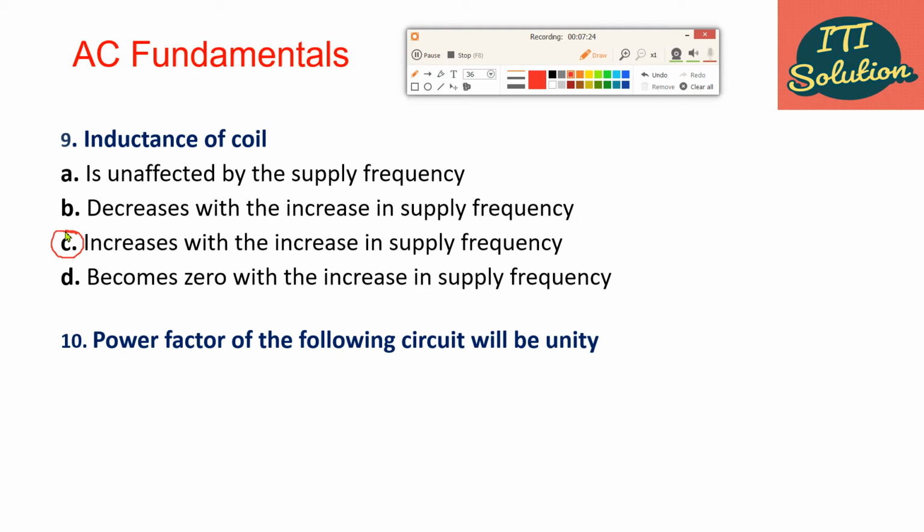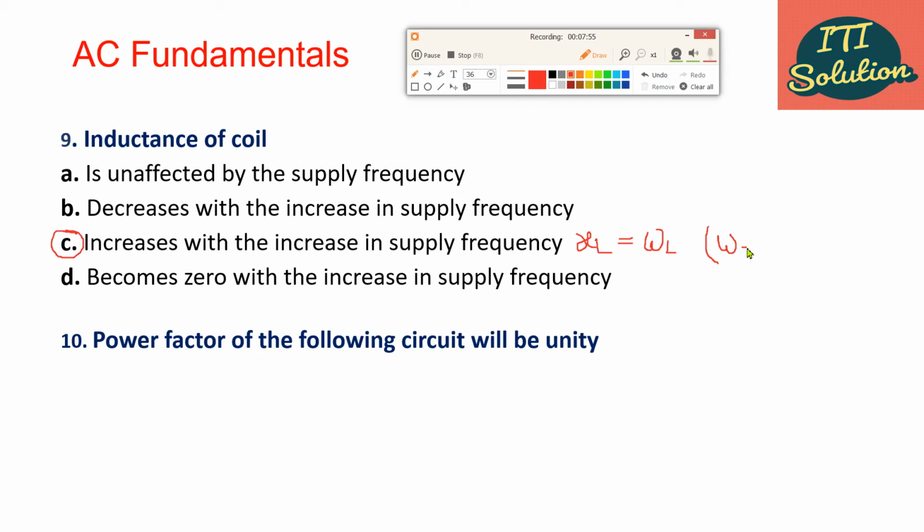Inductance of a coil here means inductive reactance, denoted XL. This inductive reactance is equal to omega L. Omega is the angular velocity.